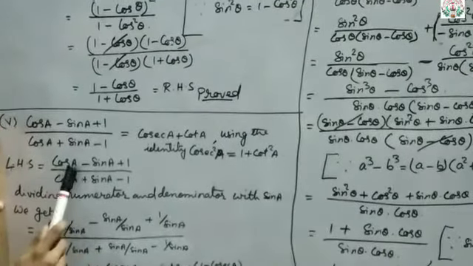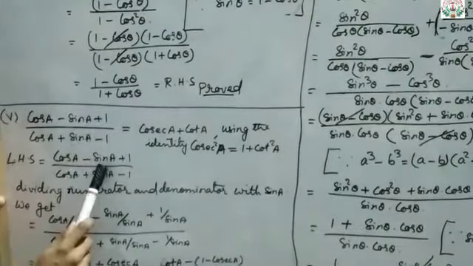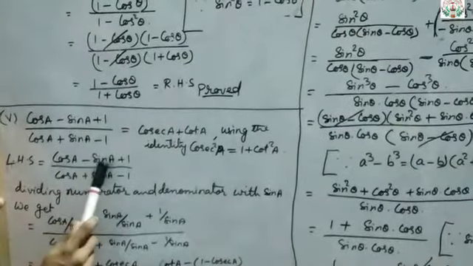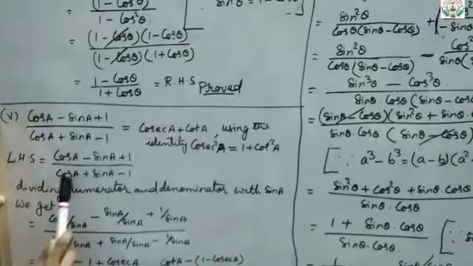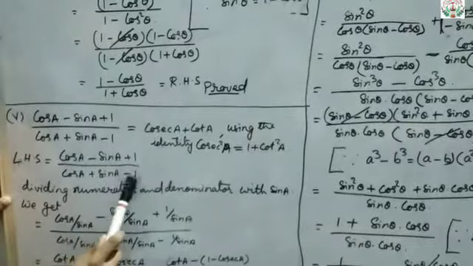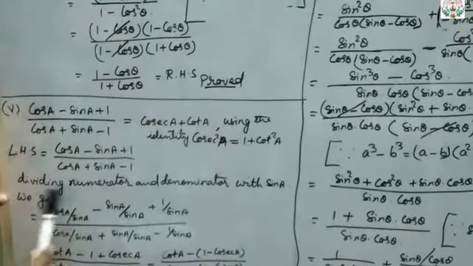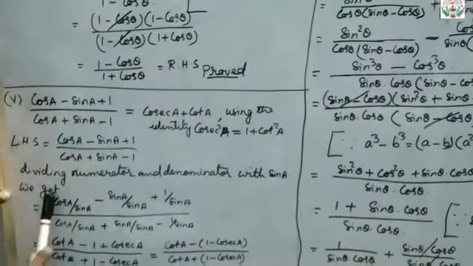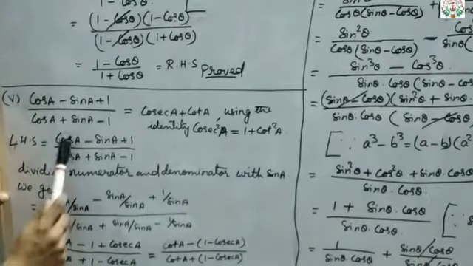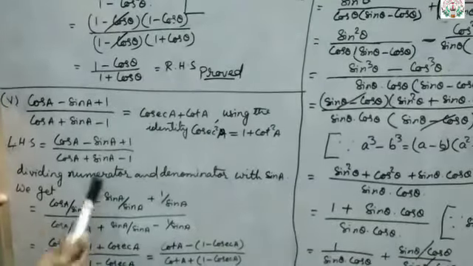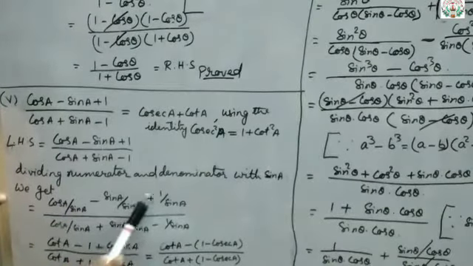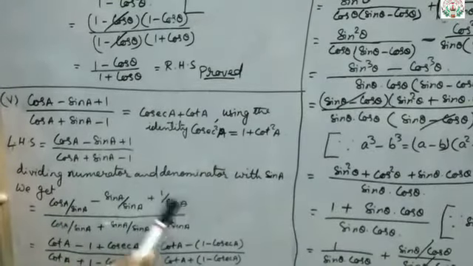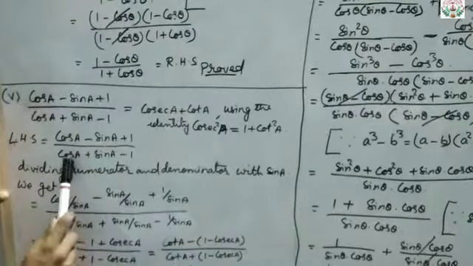So LHS will be cos A minus sin A plus 1 upon cos A plus sin A minus 1, the same question we copy down. Now dividing the numerator and denominator with sin A, we will get what? We get cos A upon sin A minus sin A upon sin A plus 1 upon sin A. Whole denominator, what is there?